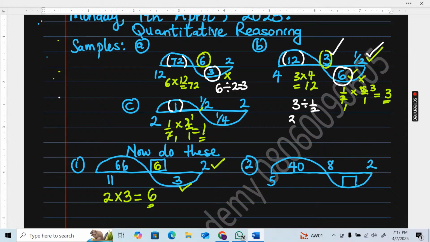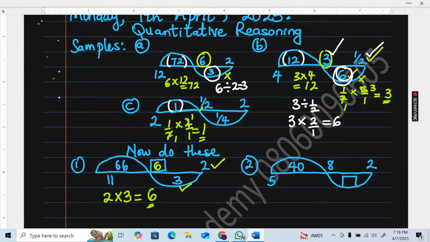I will rewrite and say 3 times 1 over 2 will become 2 over 1, because I changed the division to multiplication. You are going to tell me the reason I changed 1 over 2 to 2 over 1. It is because I changed the division to multiplication. Now, 3 times 2 will give us 6. That was how I got 6 below.